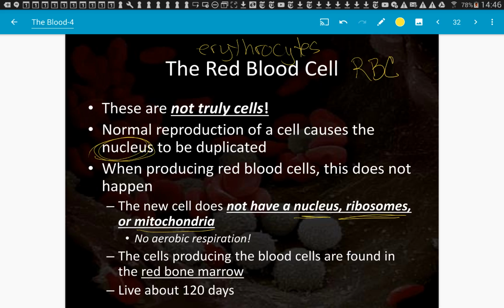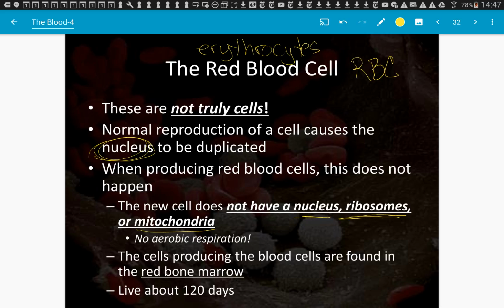It doesn't have the nucleus, so it doesn't have cellular metabolism, so it's not a true cell. So this kind of begs the question: when someone does a blood draw, how are they getting your DNA? They're getting it from your white blood cells, because they're not getting it from your red blood cells. They lose their nucleus in the process of maturation.